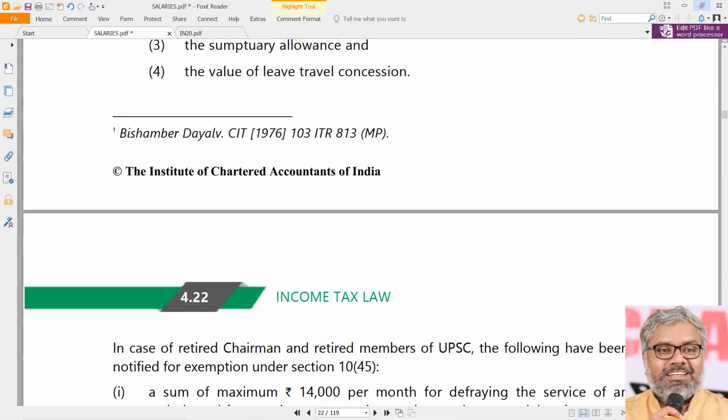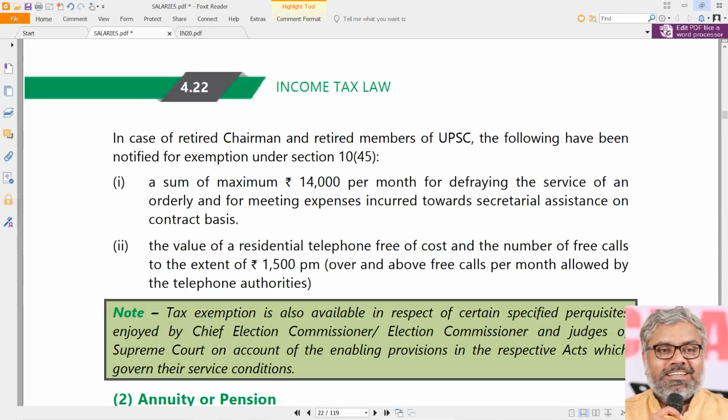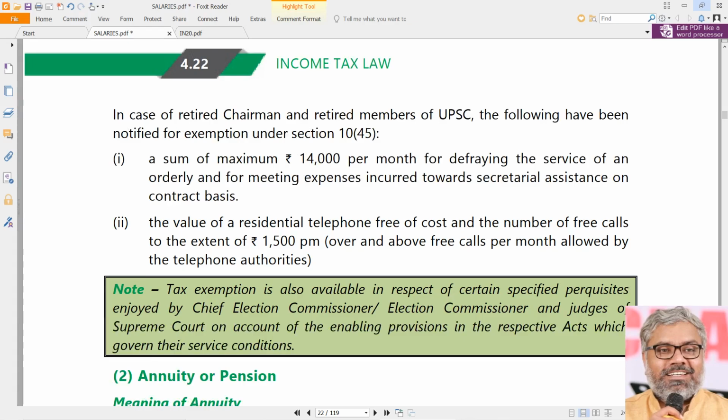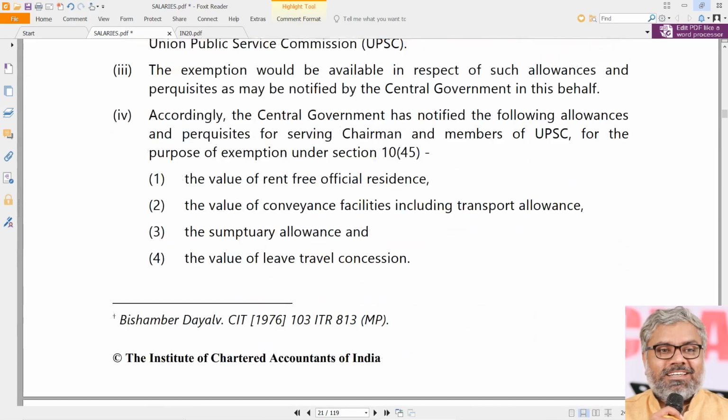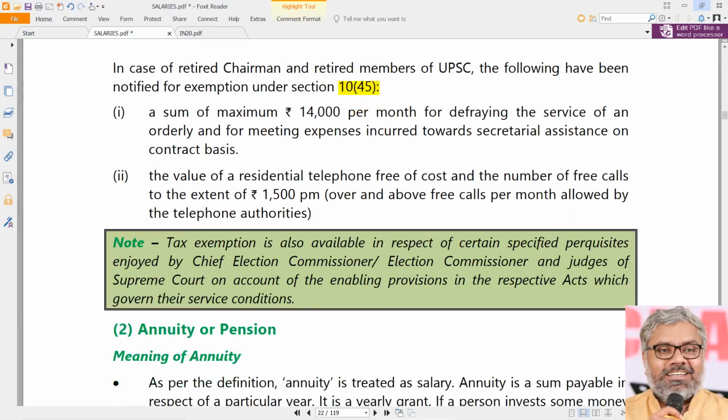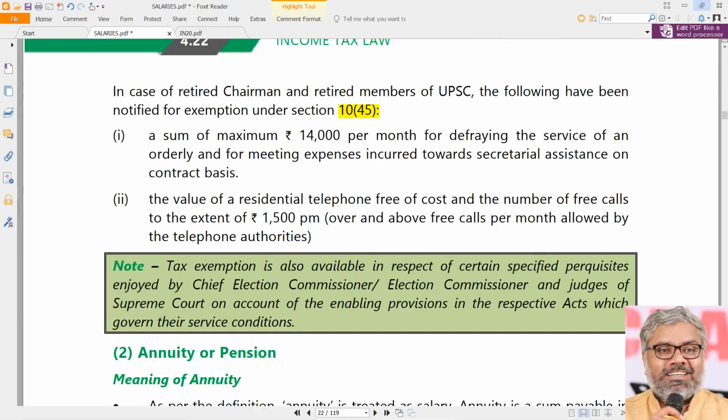So in case of a retired chairman or member, or current chairman or member of the UPSC, that's it. Of course, there is an exemption clarification given in relation to these UPSC people. For retired chairman and retired members only: for normal current chairman and current members, everything is exempt. For retired chairman and retired members, there is a limit given, like a maximum of 14,000 per month can be given for meeting expenses towards secretarial assistance.